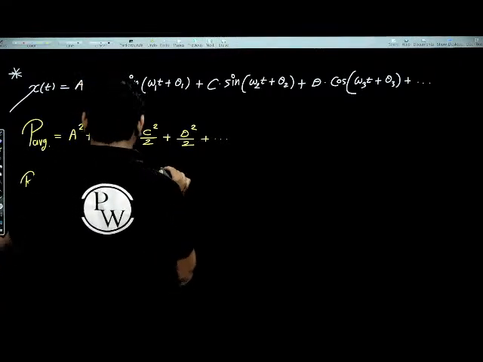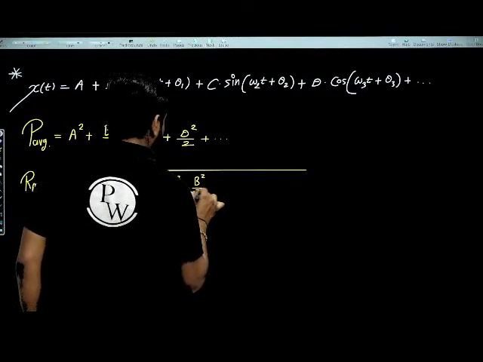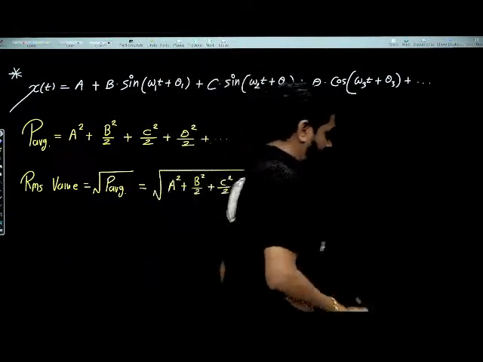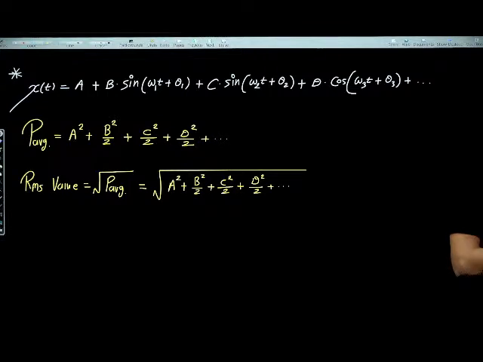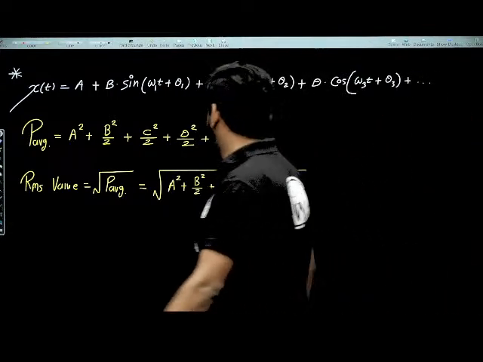So square root of a square plus b square by 2 plus c square by 2 plus d square by 2 and so on. Clear? Clear to each and everyone?